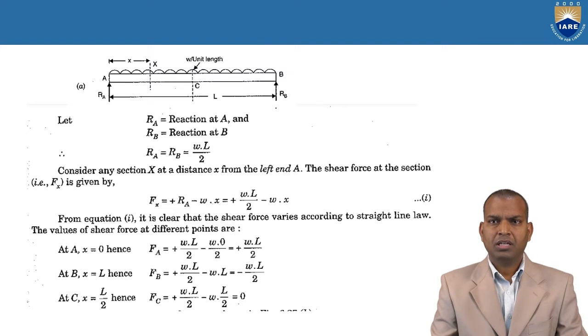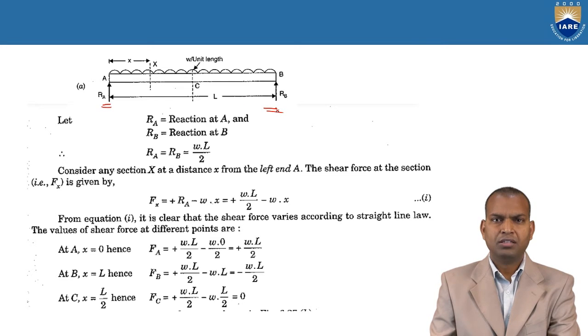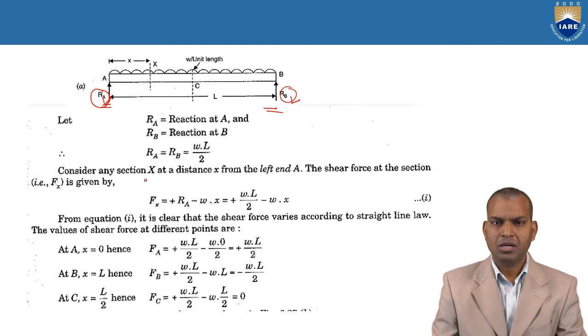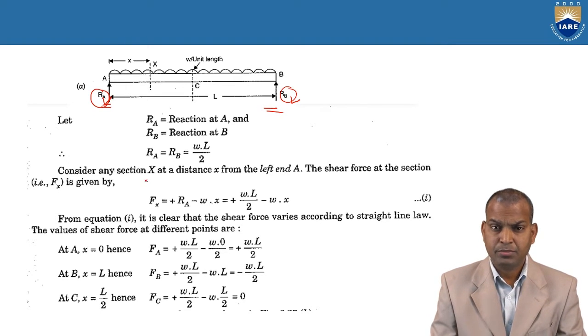Here it is, the simply supported beam. Whenever a simply supported beam comes, we have to find out the reactions at the supports. Here there are two reactions, reaction at A and reaction at B. Both are vertically upwards. How can we know whether it is acting vertically upwards or downwards? It doesn't matter.